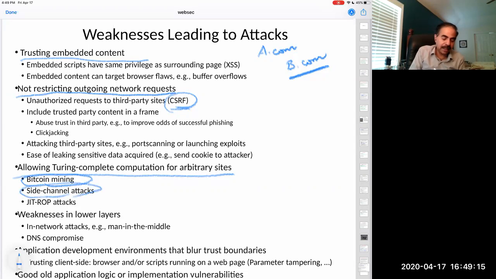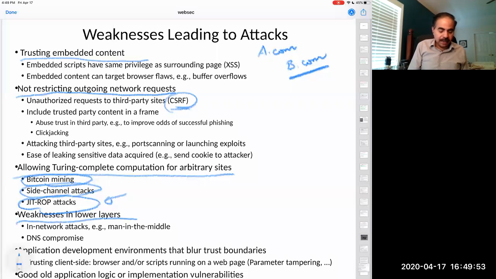They can carry out some types of attacks where the script running on the browser is somehow able to hook into the vulnerabilities in the web browser binary code, and using that, it can launch a special type of ROP attack. So again, there are many things that can be done simply because you have untrusted code running on your browser, and therefore this untrusted code could be arbitrarily malicious, and therefore it can do many bad things.